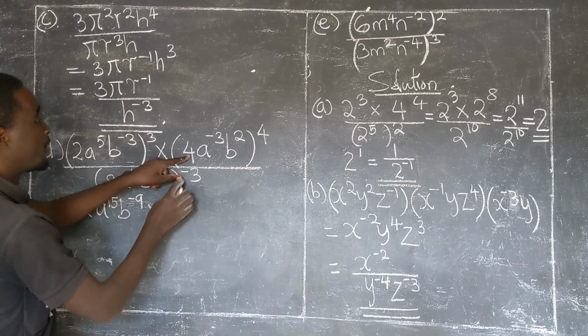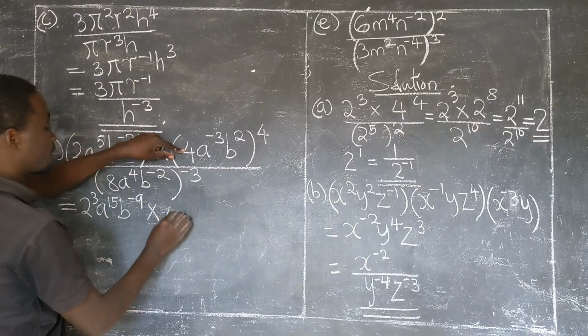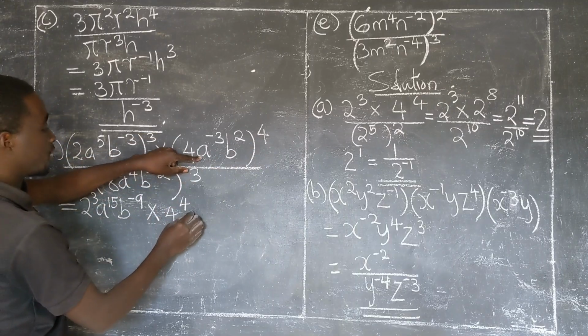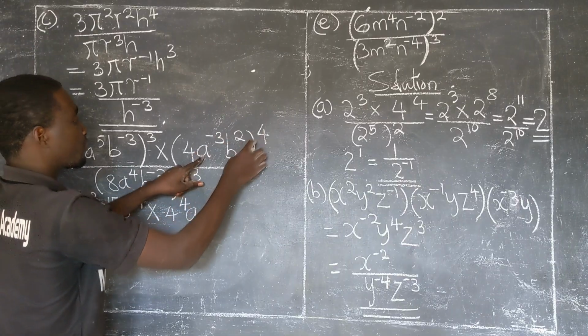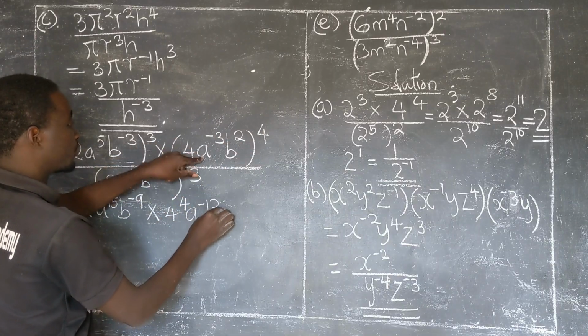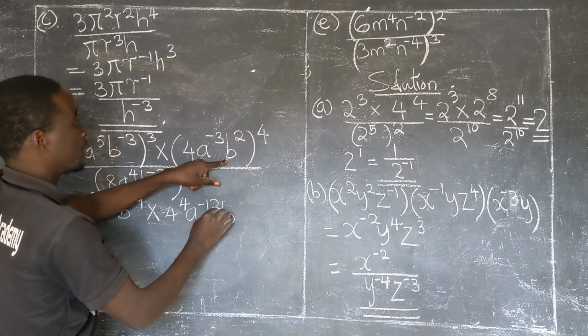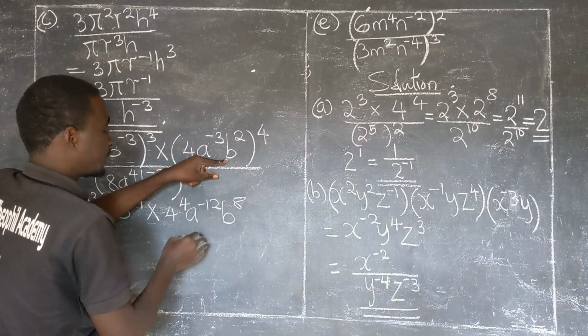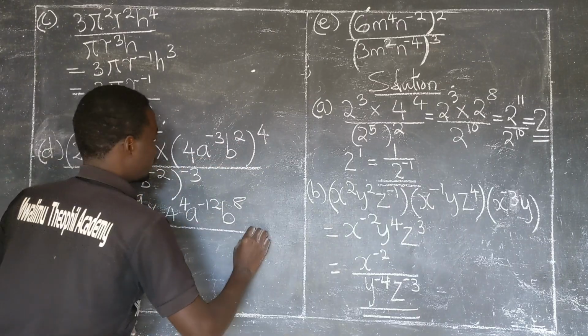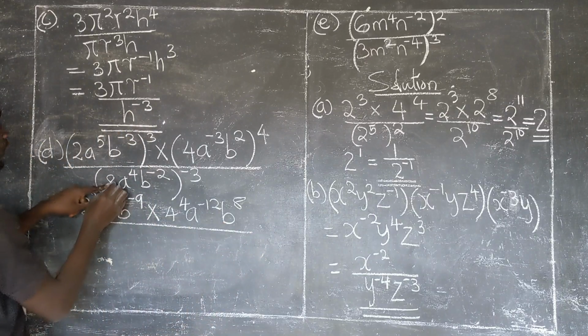We multiply by 4 raised to 4. This way, 4 raised to 4 times A raised to negative 3 times 4, which becomes negative 12, times B raised to 2 times 4, which becomes 8. Then we divide by this one.